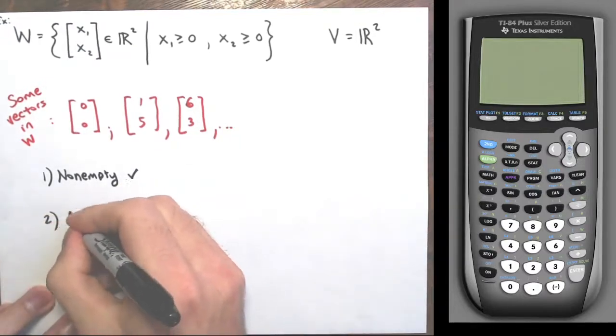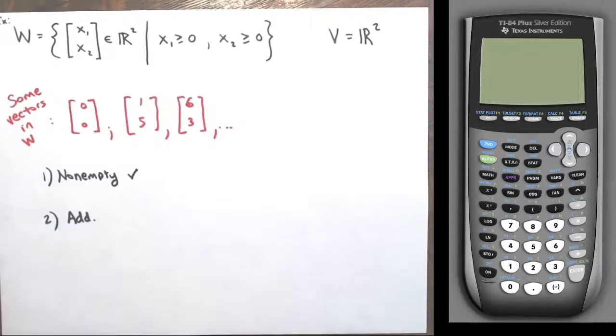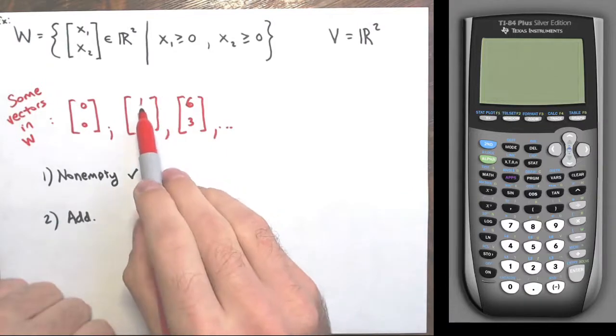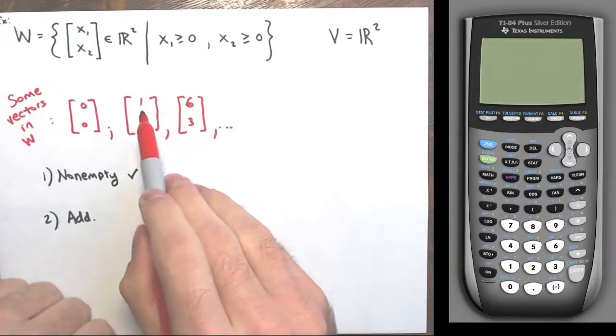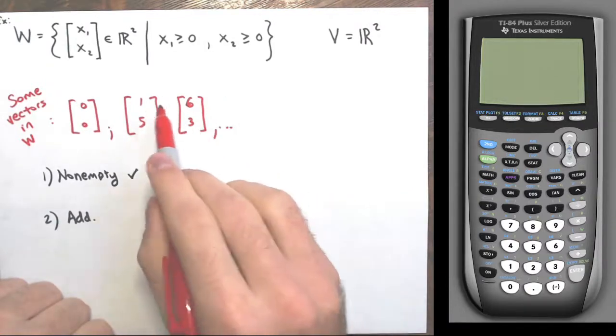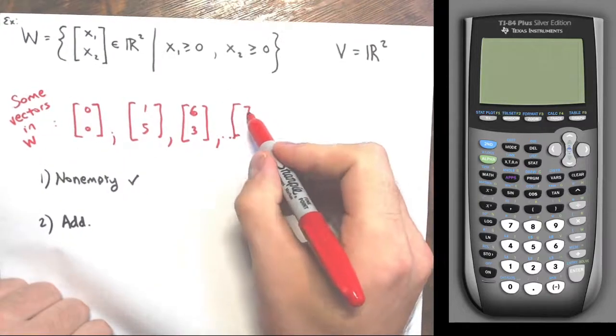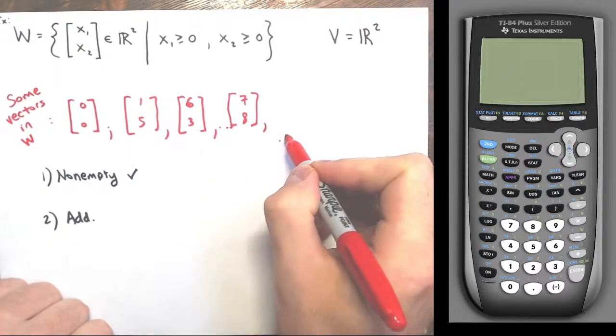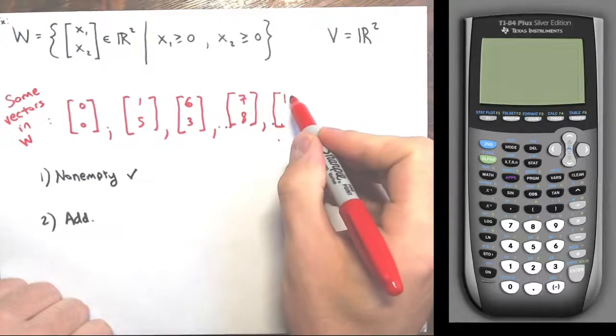Is it closed under vector addition? Well, yes. I'm just going to state that here. If you take any, remember how each component is not negative? When you add them together, that'd be 7, 8. You add those two together, you get 13, 11.